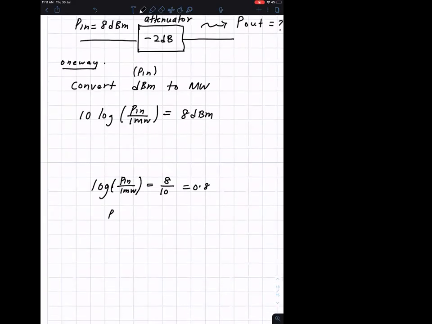Therefore, P in over 1 milliwatt is equal to 10 to the power of 0.8. So this is a log base 10, so you throw the base to the other side, it becomes the base.